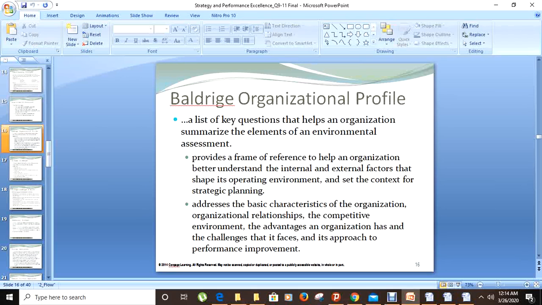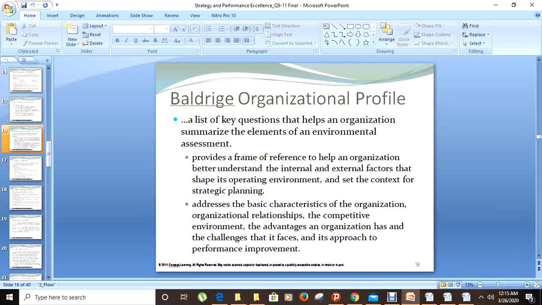Now, as I told you earlier, we have seen what Baldrige is and what the Baldrige areas are. That is how it makes the appreciation for an organization to be in that category of Baldrige criteria. Now, this kind of strategic enforcement of external and internal factors, and the importance of the environmental operating context, is what we are talking about here.